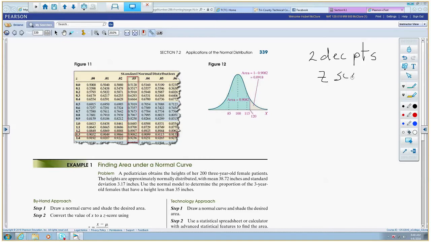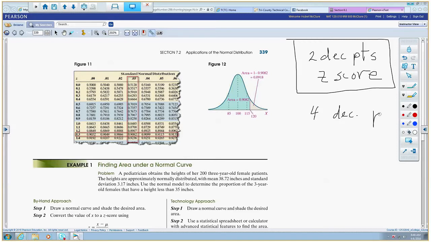This is just something I tell students, and it kind of helps because you don't know what you've got. If you start off the problem with 2 decimal places, you're starting with a what? A z-score. If you have 4 decimal places, you're starting off with a what? Well, what's the only other thing? Area. Good.